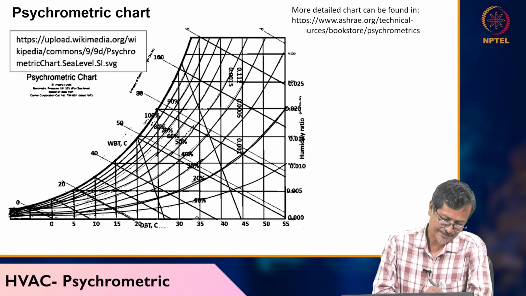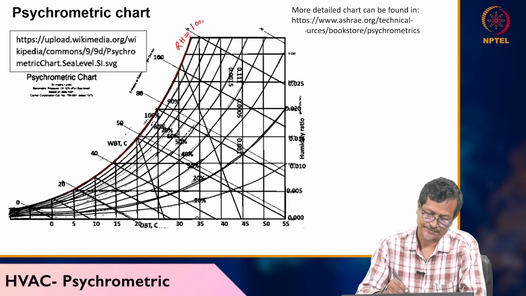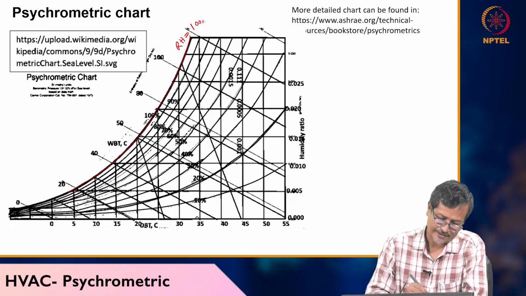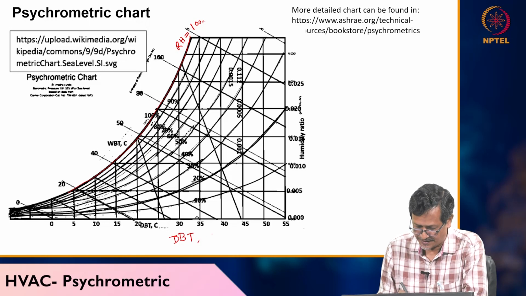This one line here is a curved line. Okay, this curved line is called relative humidity 100%, RH equals 100%. Okay, and this is the dry bulb temperature, DBT, in degrees Celsius or Fahrenheit.